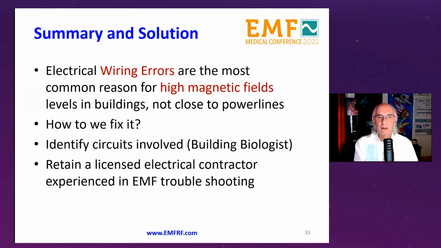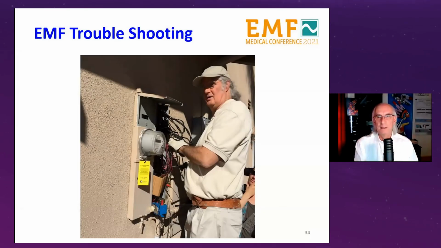And you need an electrical contractor who can actually go in and fix the situation. Here in Southern California, we have our major wiring expert, Orr Miller. He loves to put his hands into electrical wiring situations and trace it down until he finds the last little bit of failure in installation. So we need somebody who can work with you. It doesn't have to be necessarily a trained electrician. We can teach them as we go along.